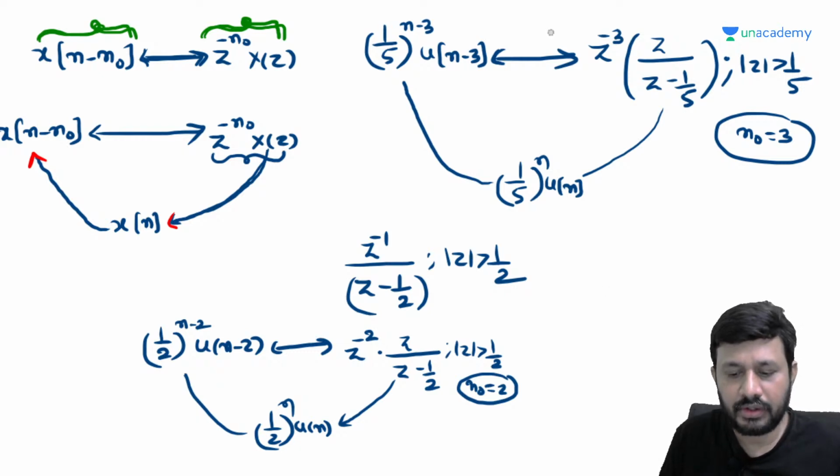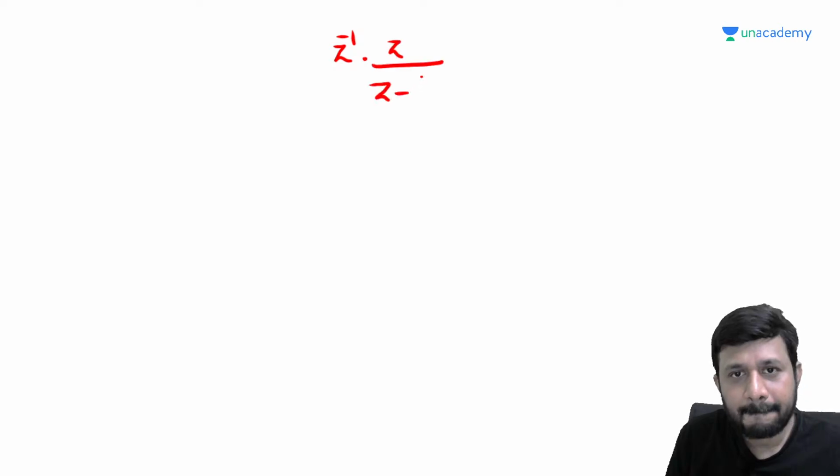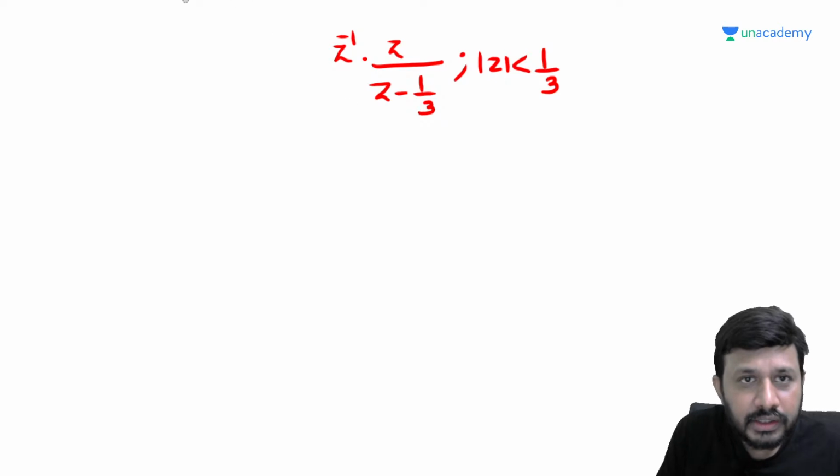Now, look here. Can anybody tell me what could be the inverse of this one? I want the inverse Z transform now, for mod Z less than 1 by 3. Sorry, this is not this one, a small modification.